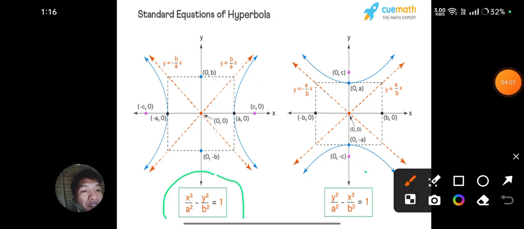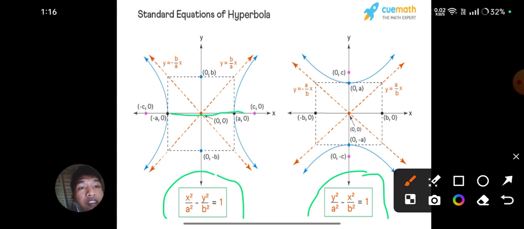The x is first because it has the major axis, while on the right side y squared is first because it has the major axis. Take note that a squared is the longer and this is on the x-axis.